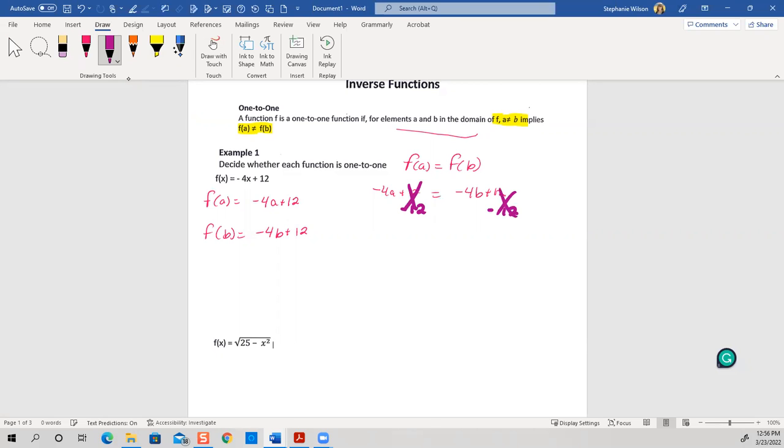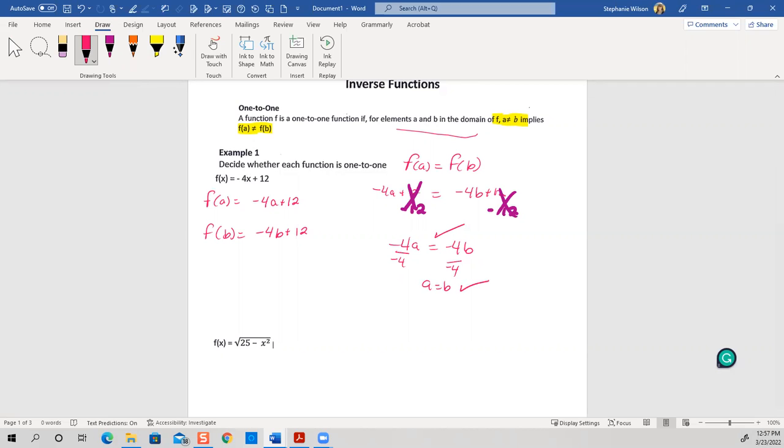Now I got negative 4A equals negative 4B. If I divide by negative 4, we have A equals B. Therefore, this one is one-to-one.